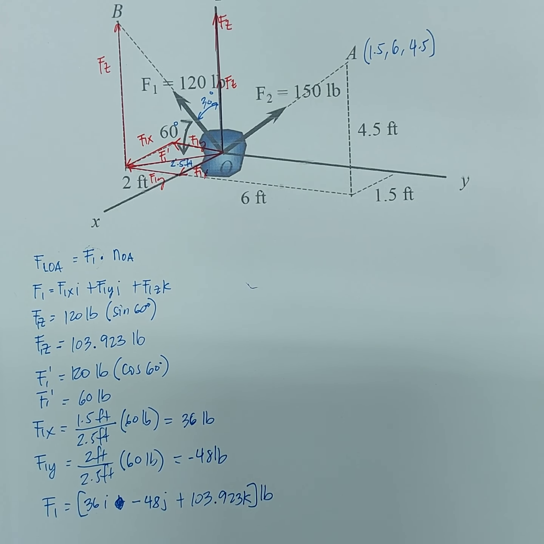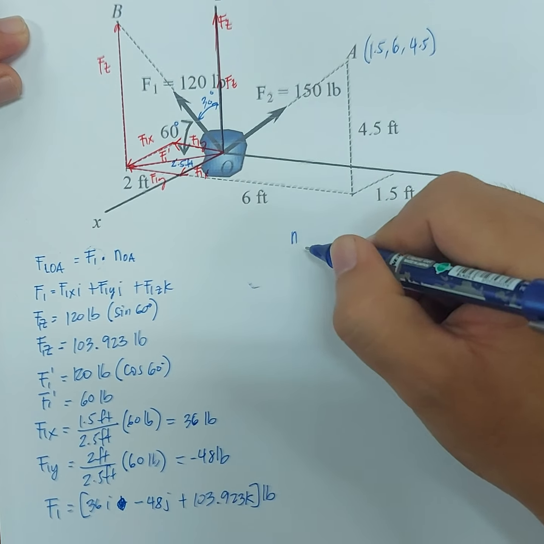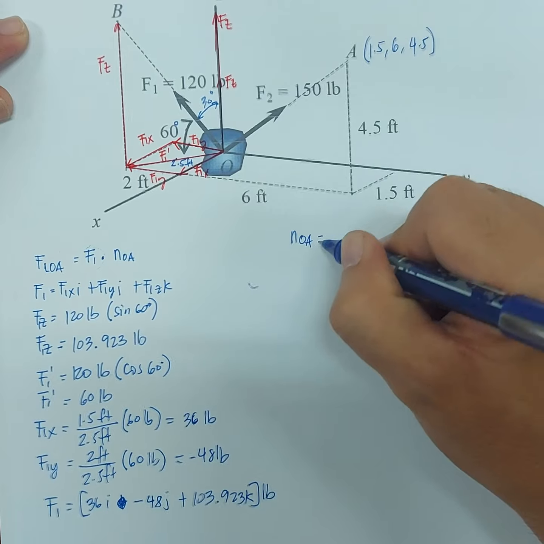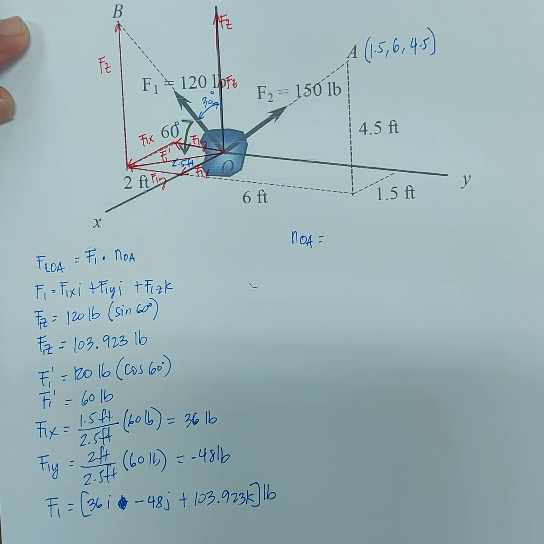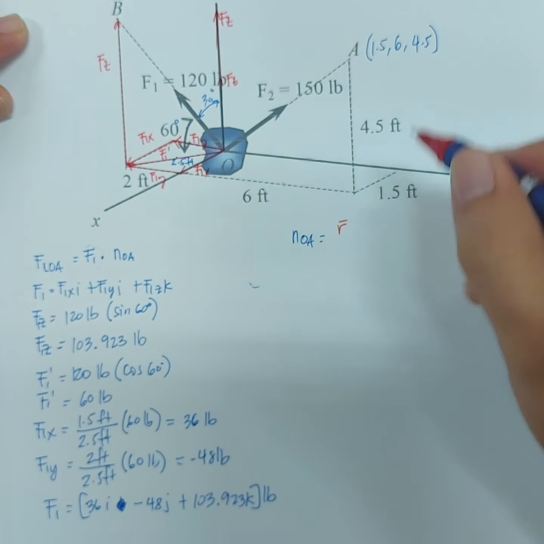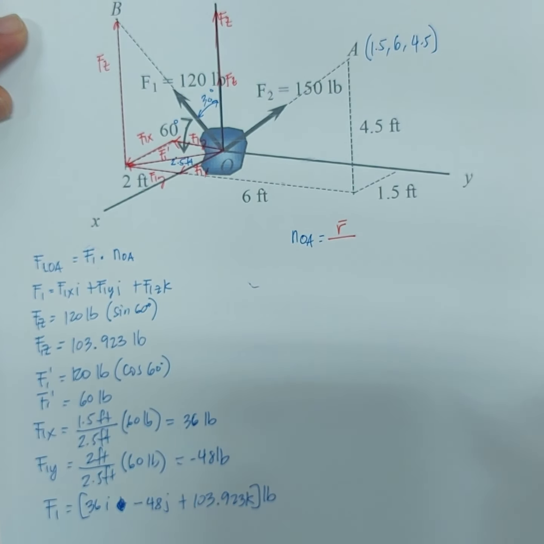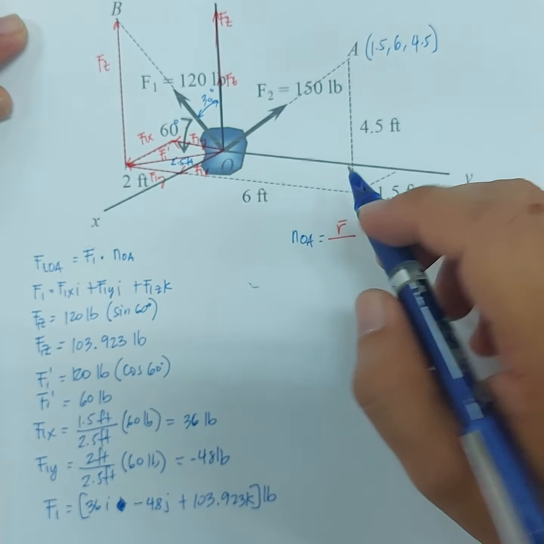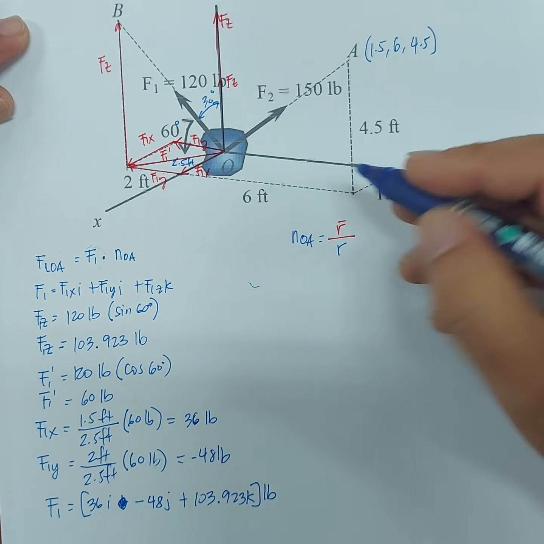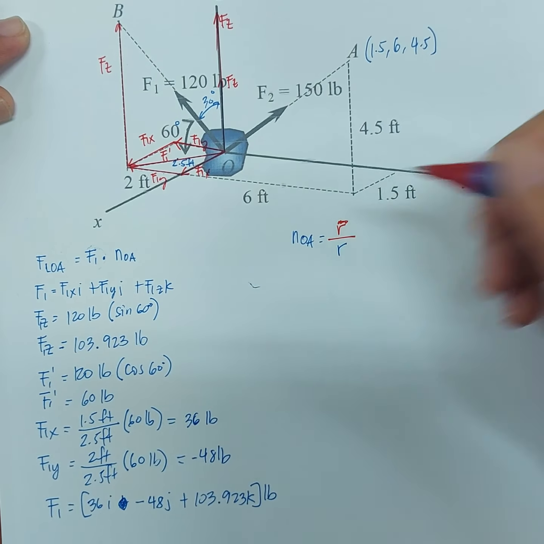Okay. So, the unit vector of F2 along OA is equal to the position vector of F2 along OA divided by the distance between itong points natin O and A. So, R. Position vector.